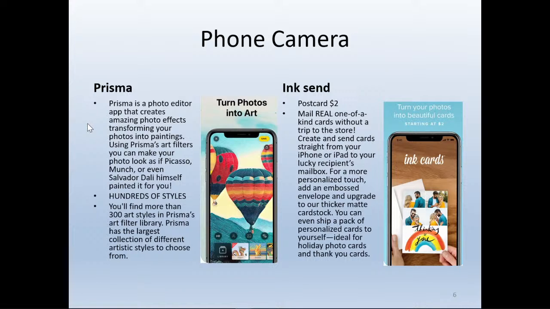So basically, you take a picture with your phone, and Prisma has these filters. But calling them filters doesn't really do them justice. You take a picture and you go, I would really like this landscape to look a little bit more like the Starry Night painting. You choose that, and it basically does a full transformation.